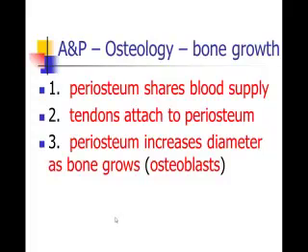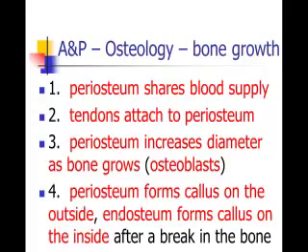This is accomplished by osteoblasts. I mentioned those before. Remember, they're also responsible for the formation of callus when a bone breaks. And that's number four. The periosteum forms callus on the outside of the bone if it breaks. The endosteum has osteoblasts associated with it, and it forms callus on the inside of the bone after the bone breaks.